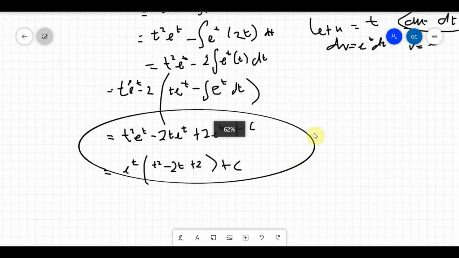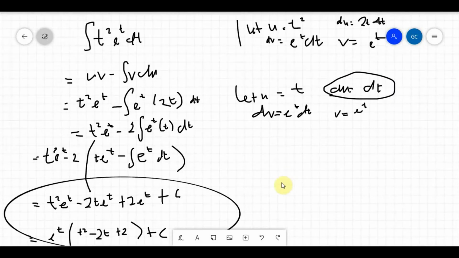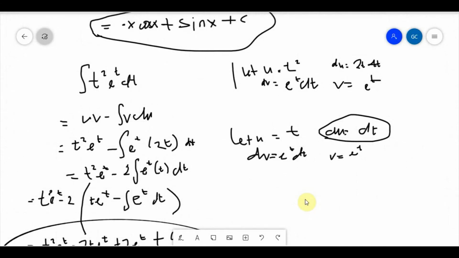Now integration by parts is a little bit tricky, especially when you encounter problems that will require at least 3 integrations by parts, or 2 integrations by parts, and you need to be extra careful.